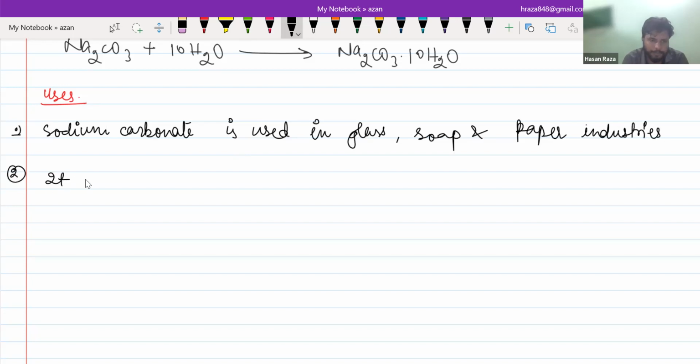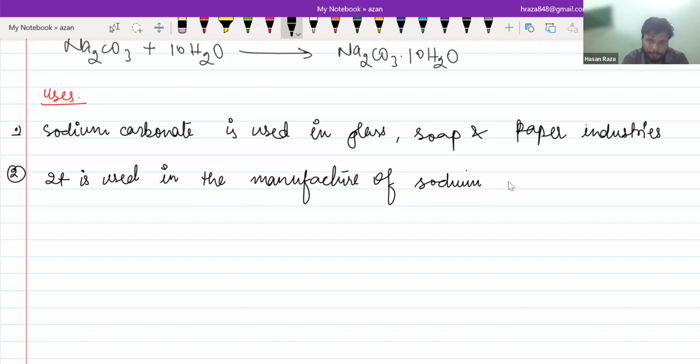Second use, it is used in the manufacture of sodium compounds such as borax. You will study about borax in class 11.